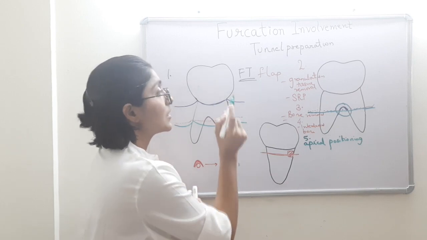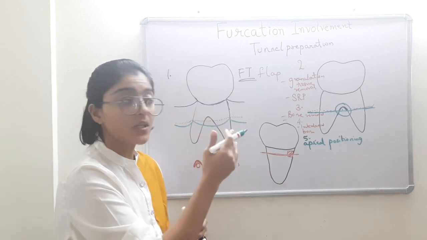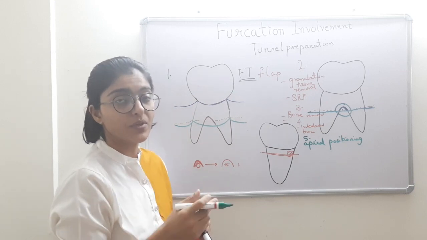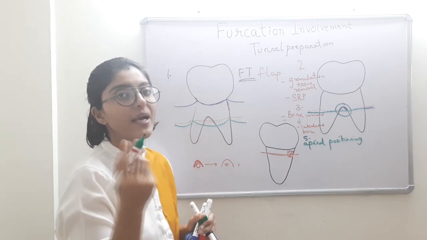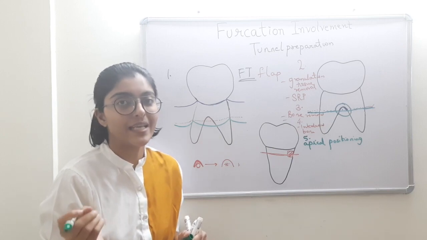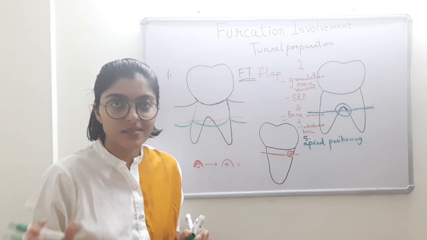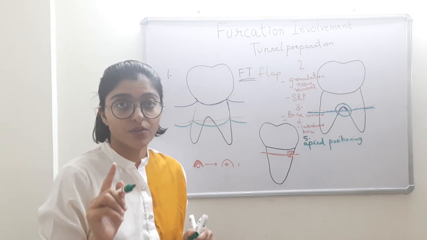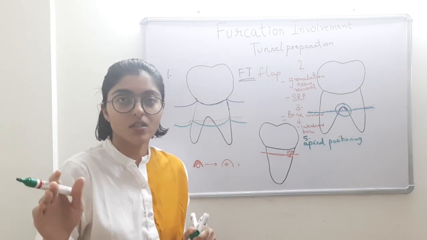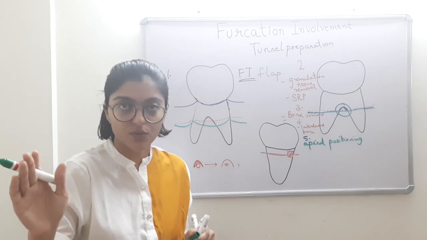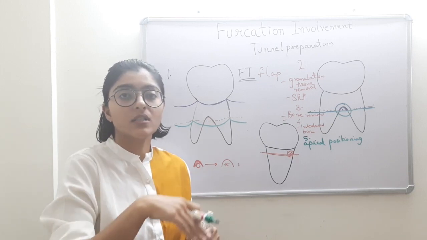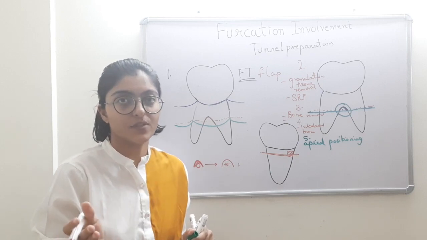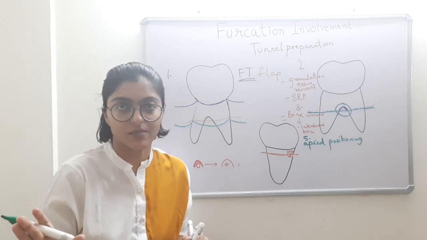With this, the number one step in performing tunnel preparation is a full thickness flap preparation and reflection, followed by granulation tissue removal and SRP, so that we get a clean and neat site, and only restrict ourselves to interradicular bone removal, which is in the way of the horizontal component, to create a through and through tunnel, and over the roof and the adjacent surfaces, so as to widen the entrance ultimately.